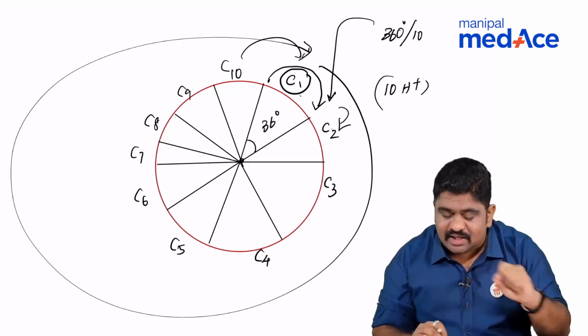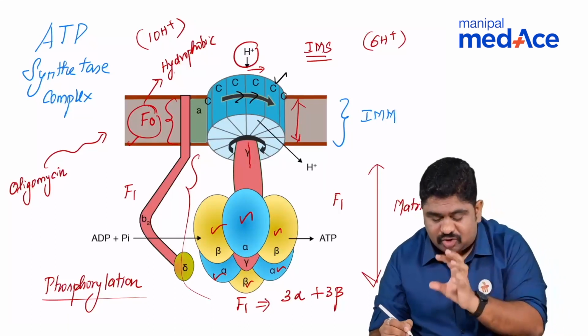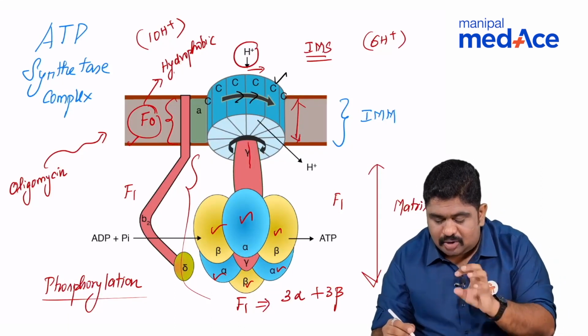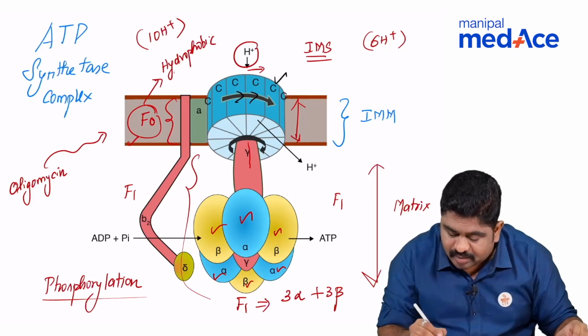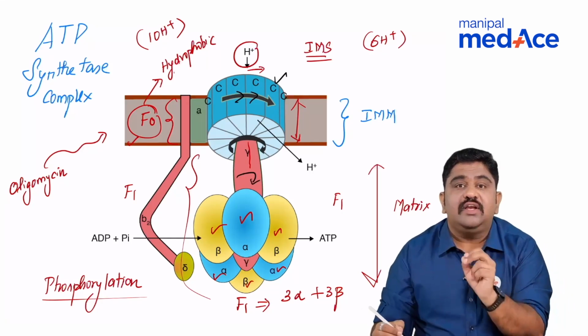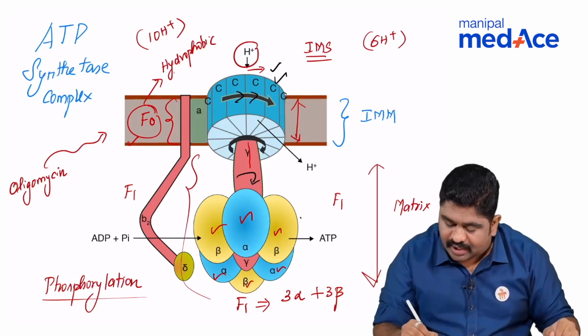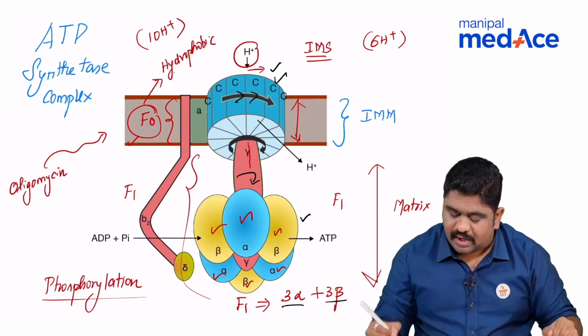Now what does this tell you? Here, this drum is rotating, and this drum rotation creates stress on the gamma. Gamma will act as an axle which links this drum to the complex made up of alpha and beta.